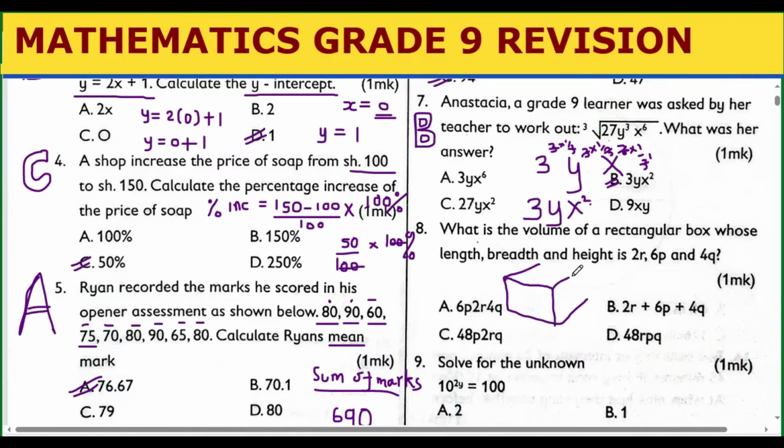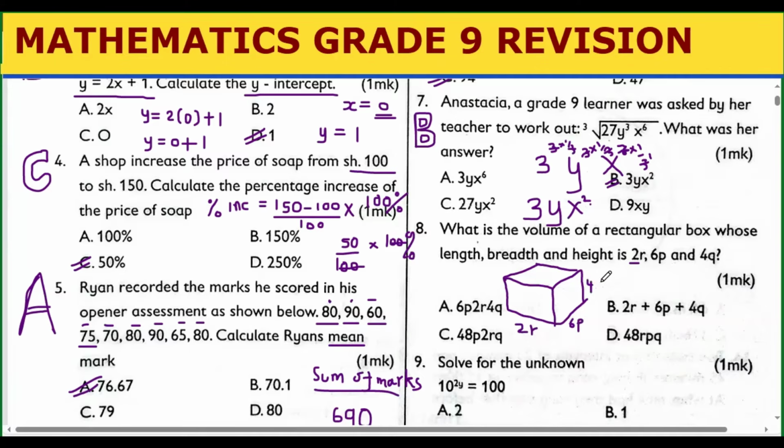Volume is the space occupied by matter, but that is scientific. Now we go to how we calculate. This is 2R, write 2R up here. Then this is 6P, 6P here, and 4Q here.